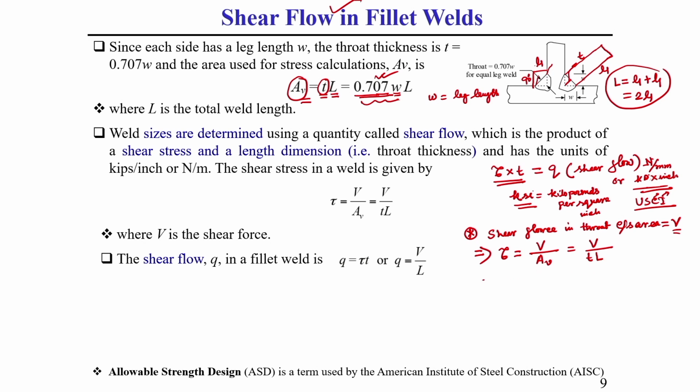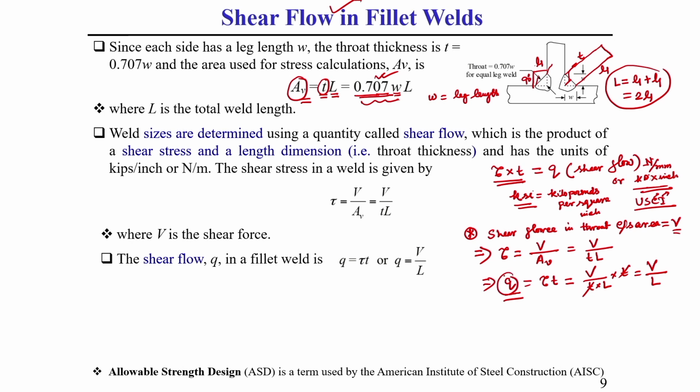So, here Q you can write as tau into throat thickness T. So, this will be V by T into L, into T. So, T will be cancelled out. So, this will be shear force divided by L. So, this is generally called shear flow.